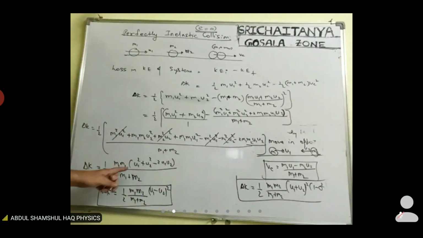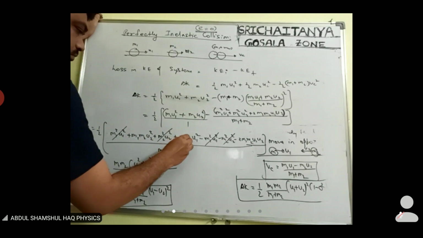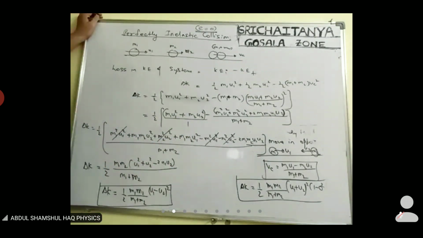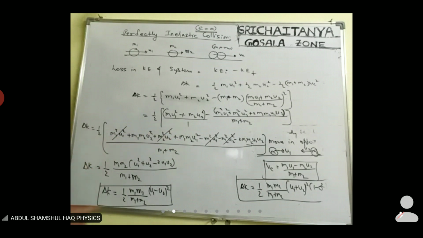Understood? Students, look here: a square plus b square minus 2ab. You just check this one, you will get that result, right?